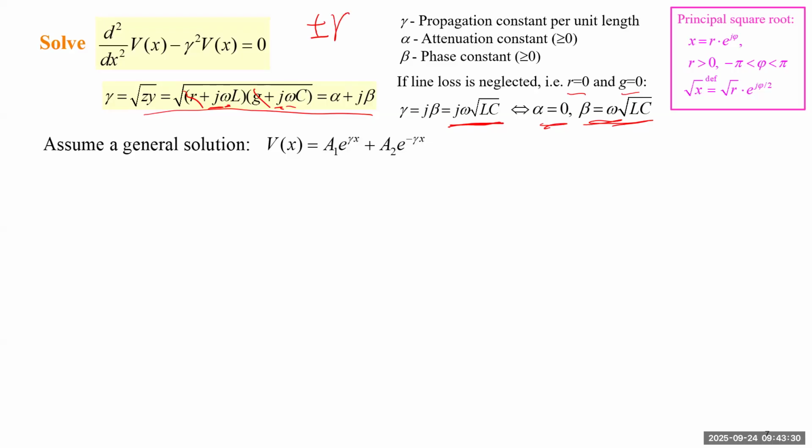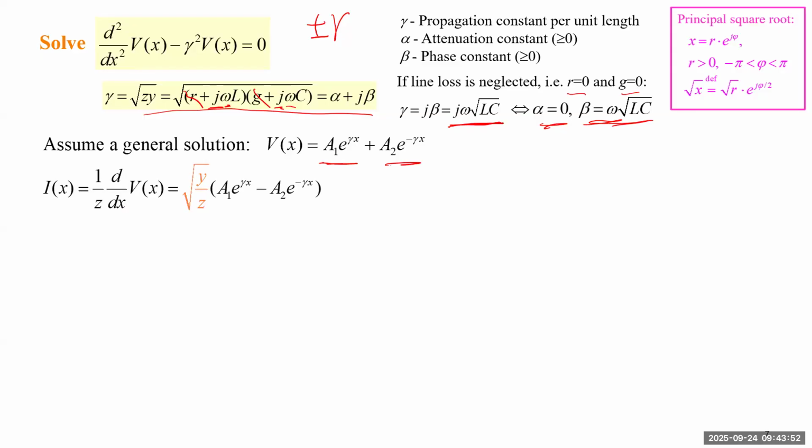So for each eigenvalue, it will represent an exponential function of x. A1, A2 really depend on the boundary conditions, or where you want to calculate the solution. So we still need to solve A1, A2 using boundary conditions.